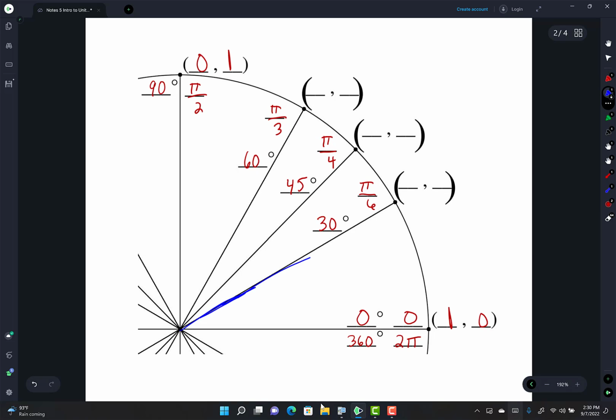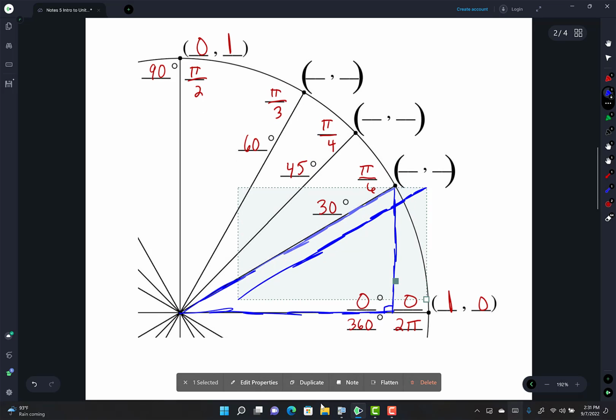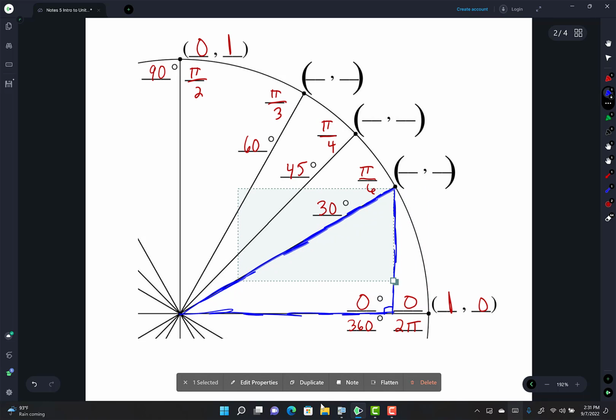I'm going to cut it and paste it in a little bit so you guys can see. Do you see that triangle there in blue? That is a 30, 60, 90 triangle, right? Let me see if I can grab the whole thing. Nope, it's not going to let me.